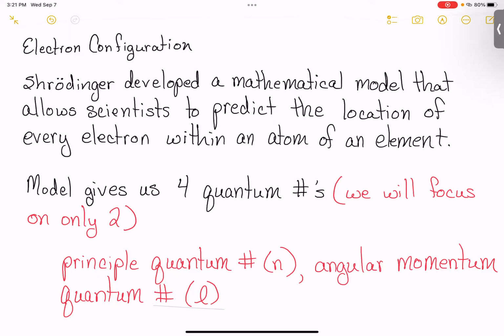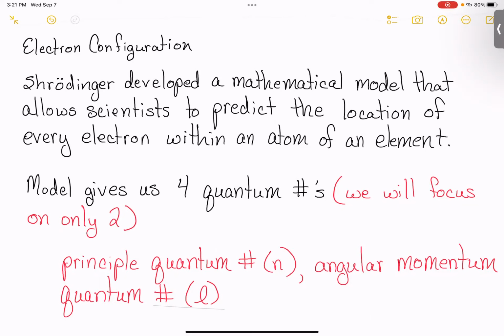Basically, our understanding of the electron configuration was the result of a mathematical model developed by Schrodinger. And this mathematical model, once it is used, produces what are called quantum numbers. So basically, I do a bunch of math and I get out these quantum numbers.